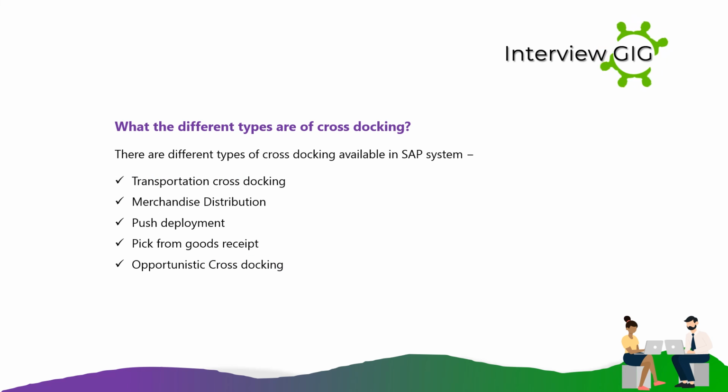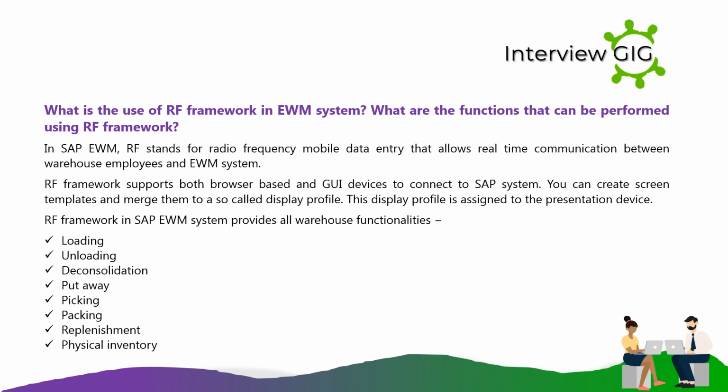What are the different types of cross-docking? There are different types of cross-docking available in the SAP system: transportation cross-docking, merchandise distribution, push deployment, pick from goods receipt, opportunistic cross-dock. What is the use of the RF framework in the EWM system?